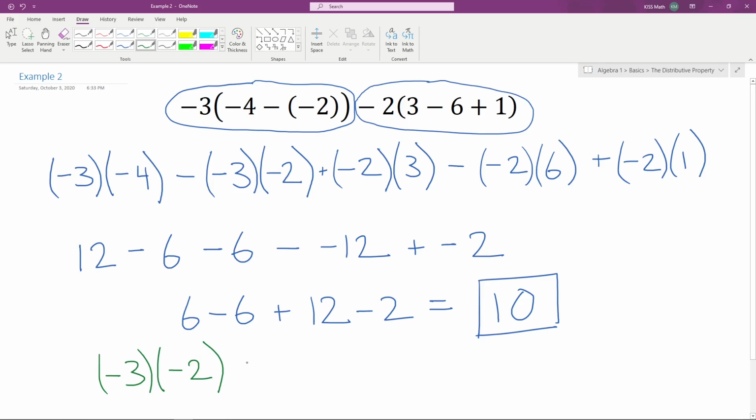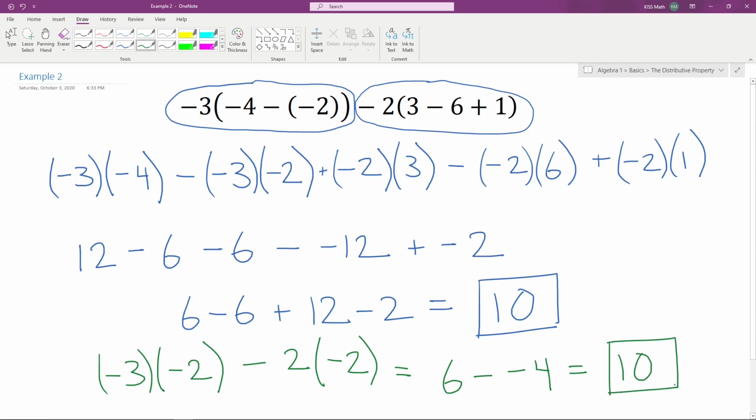Then we have minus a 2 times 3 minus 6 is -3, plus 1 is -2. So this is the same as a +6 minus a -4, which indeed 6 minus a -4 is 10. And we get the same answer. So I know I've done it right, unless I screwed up twice.